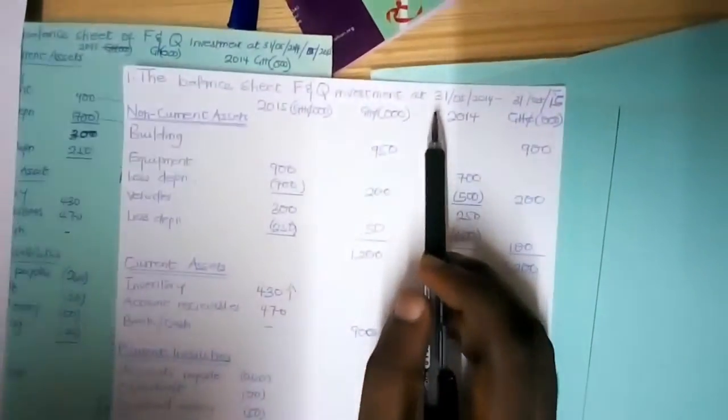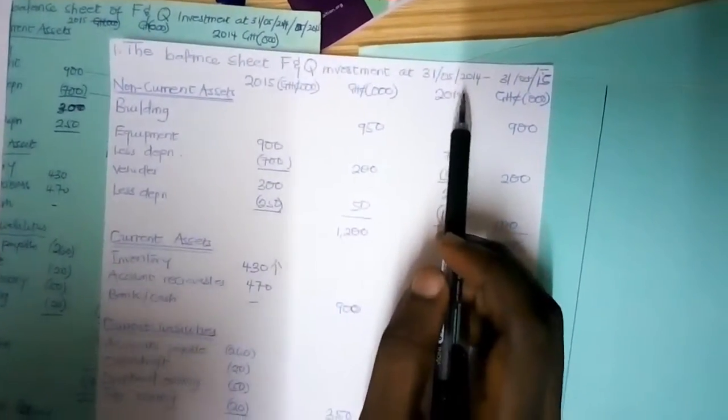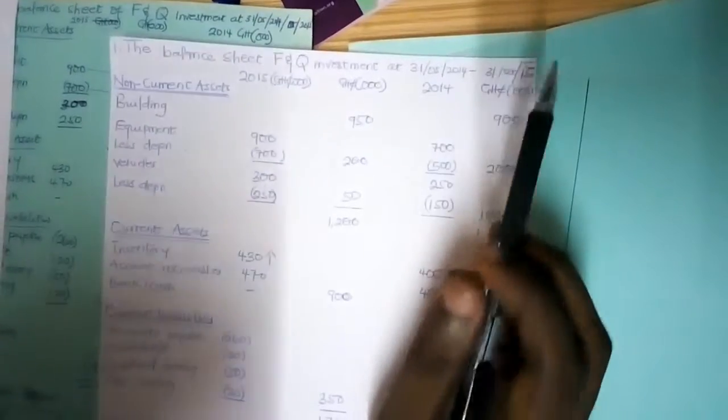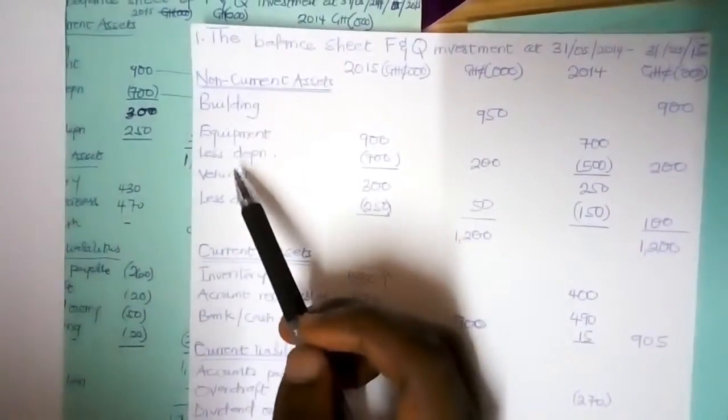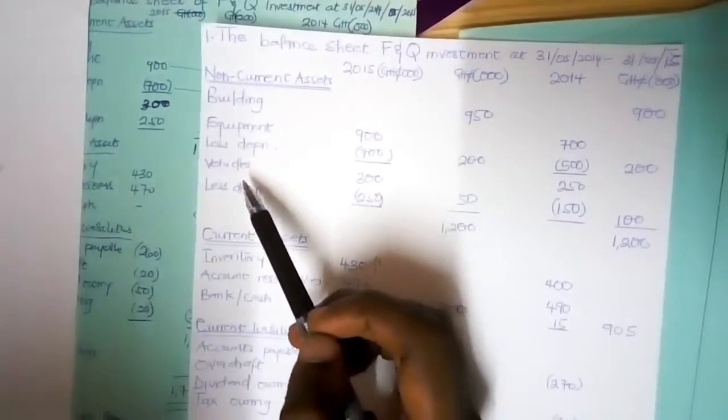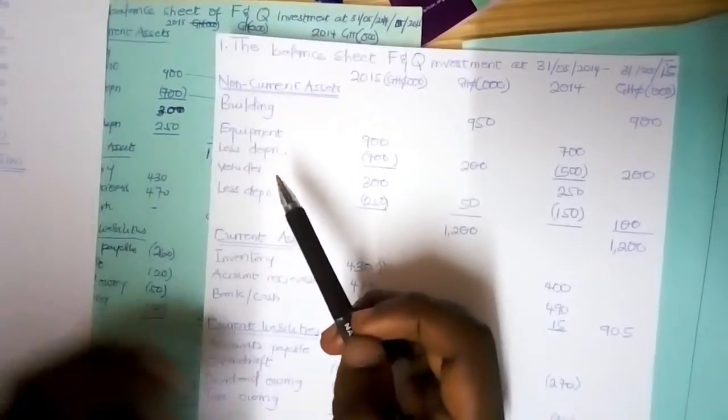The balance sheet of F&Q Investment as at 31st January 2014 to 31st May 2015. We have current asset, building, equipment, less depreciation. We have vehicle, less depreciation.